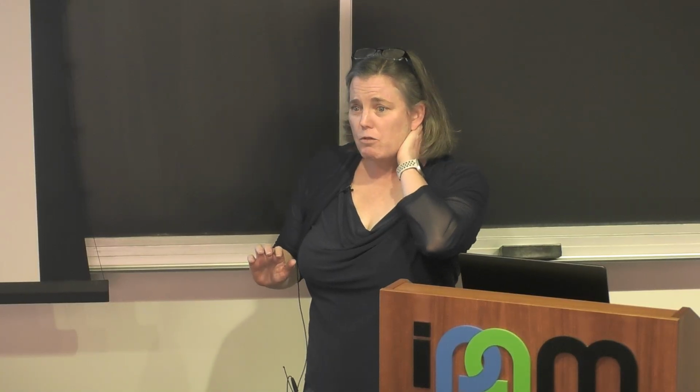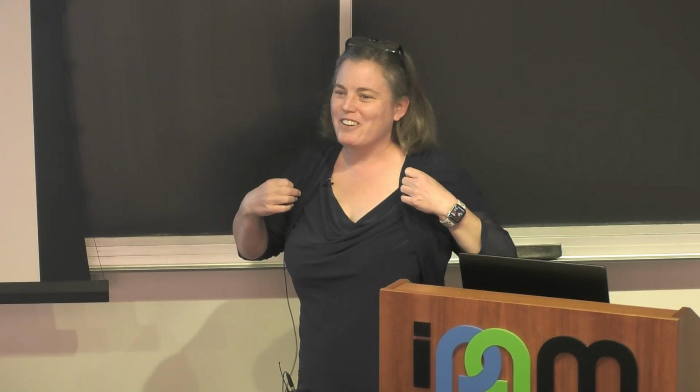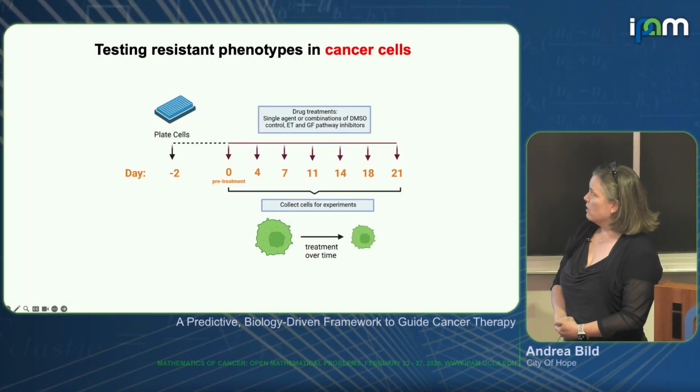Now, we like to confirm results in other settings before we take it further, because you can always get spurious results in data. So we can also test things in the lab.